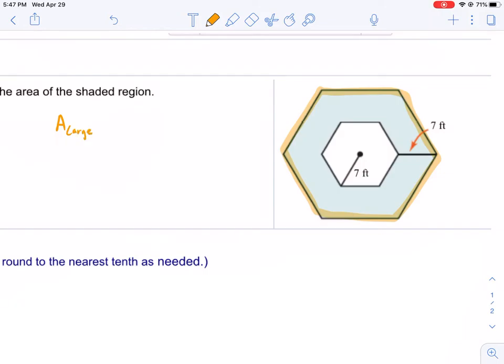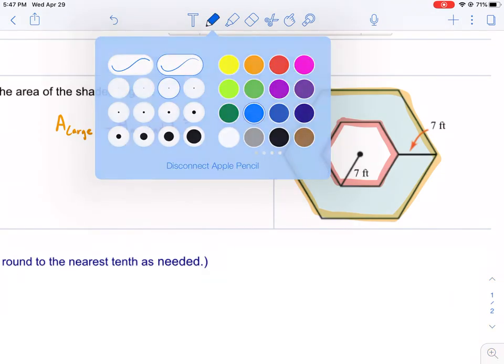That's the biggest area that we can have. And what you're going to do is subtract everything that you don't want. So the non-shaded region is this red area. You're going to subtract the area of the non-shaded, and that will tell you the area of the shaded.